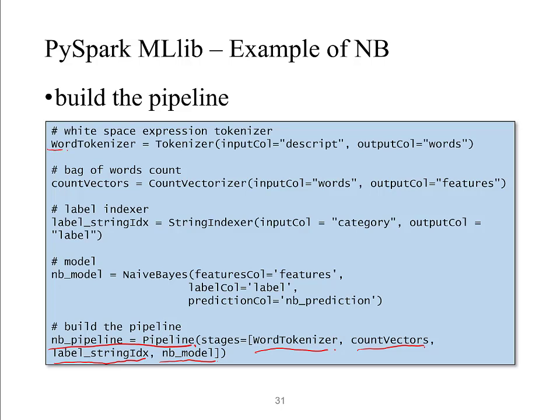The word tokenizer is just a tokenizer using white space as the splitter. This is by default. So in order to define such a transformer, and this is a transformer, we will see it later, you need to specify the input column and the output column.